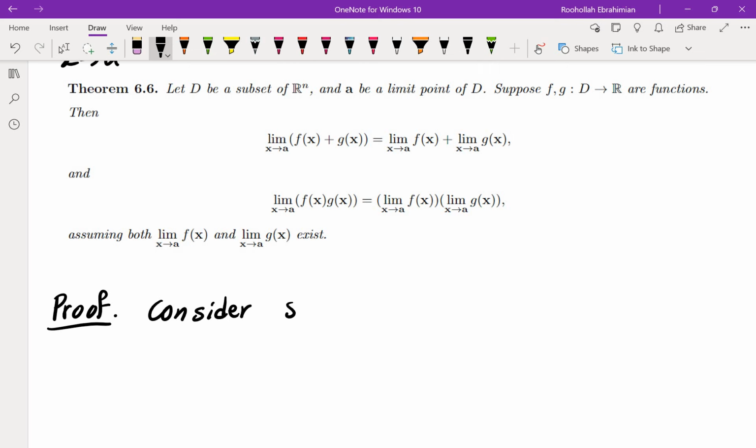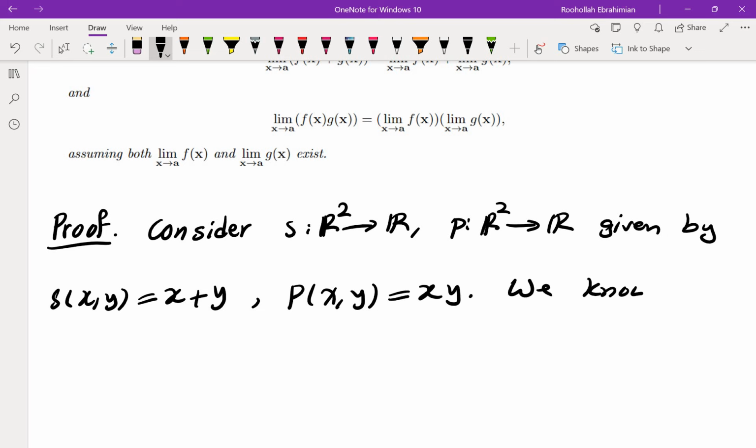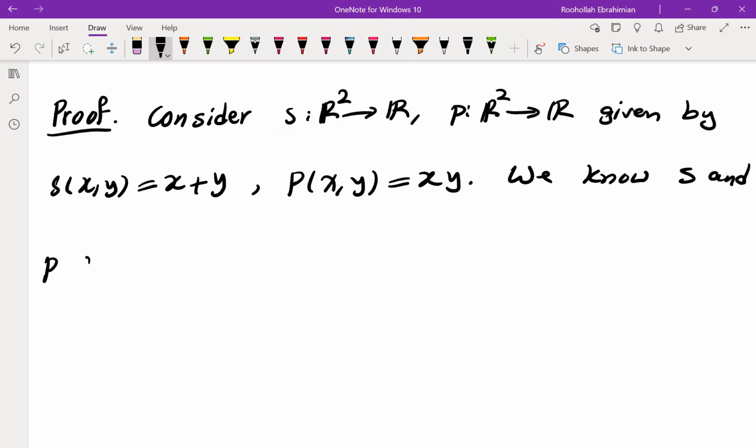Consider sum from R2 to R and product from R2 to R given by x plus y, and product is just x times y. These are functions that we have shown before that they are in fact continuous. Now we know that these two are both continuous. We know S and P are in fact continuous.